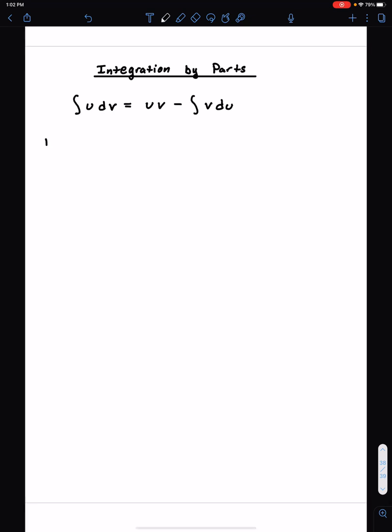So the derivation is as follows. If u and v are functions of x with continuous derivatives, the derivative of the product u times v is equal to du dx times v plus u times dv dx.